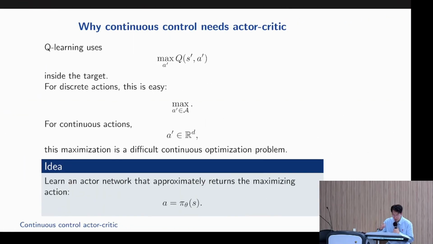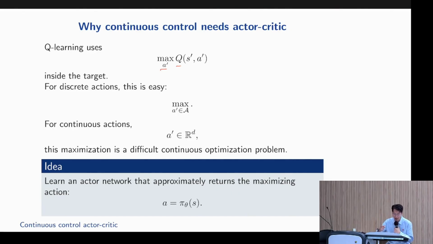So why am I talking about this? One question we haven't addressed so far is, what if I have a continuous action? For example, in robotics, you want to control the amount of torque in each joint. That's all continuous, not discrete. Even if you have some Q, maximizing over action may be very, very hard.